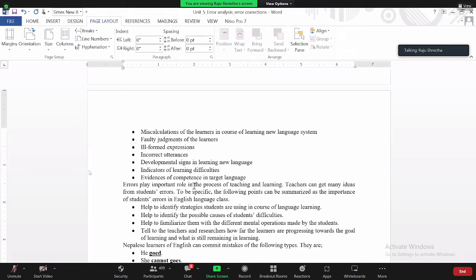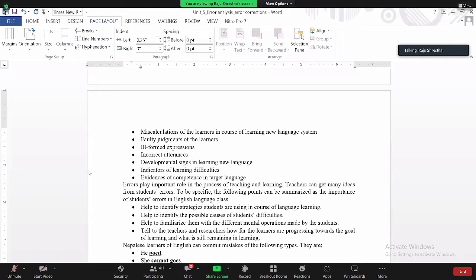More specific, the following points can be summarized as the importance of students' errors in English language class. So, errors help to identify strategies, techniques students are using in course of learning. What technique are the children using while learning language, like overgeneralization, and then there are different ways of learning language, target language system.